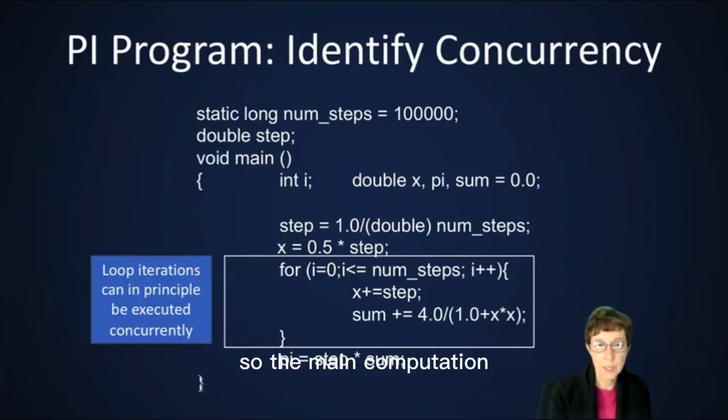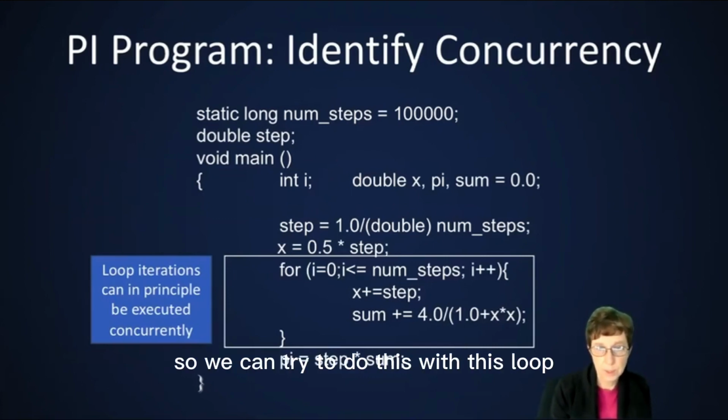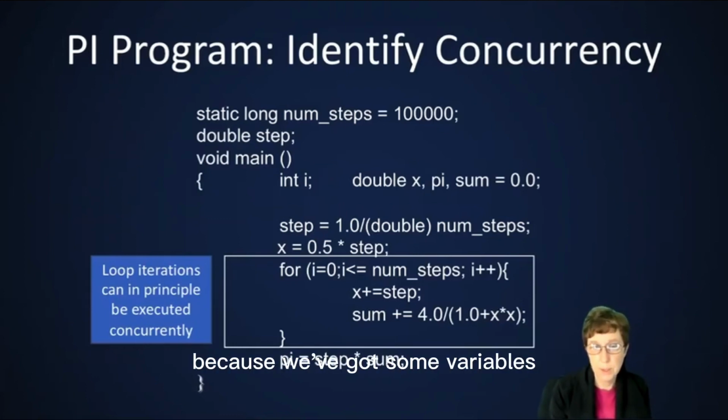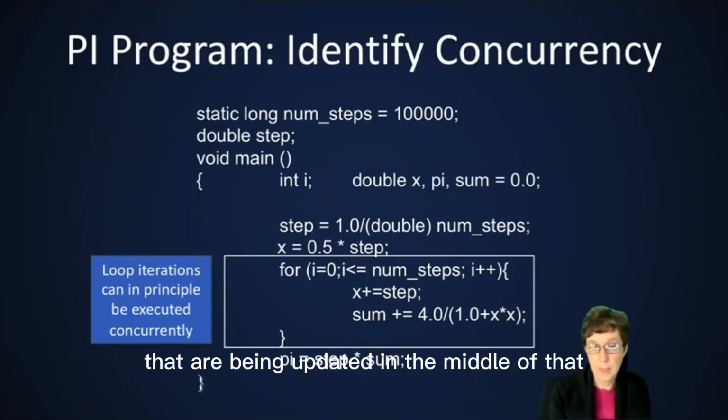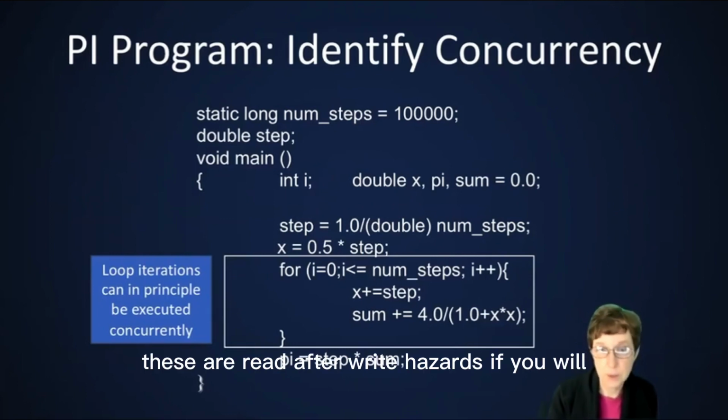So the main computation in this program is this loop, and so we're going to look at looping. In general, we can take a loop and execute it in parallel, so we can try to do this with this loop. Now we've got some problems in this loop because some variables are being updated in the middle of it, and that creates loop-carried dependencies, or read-after-write hazards, if you will.